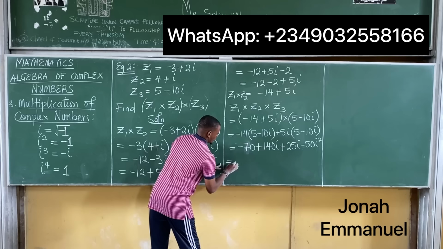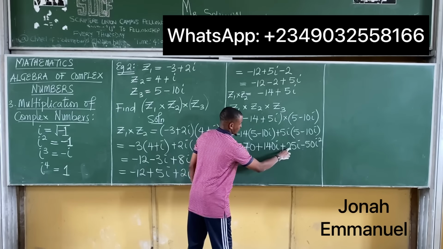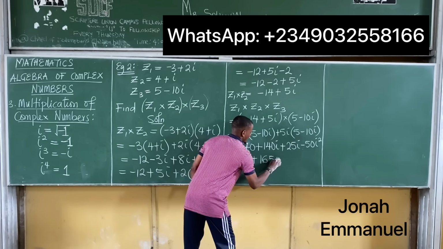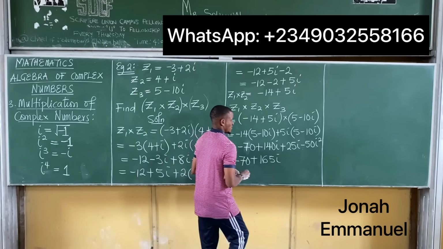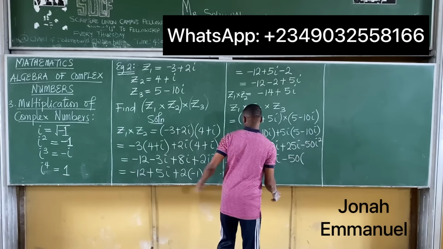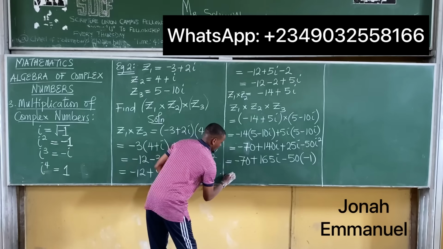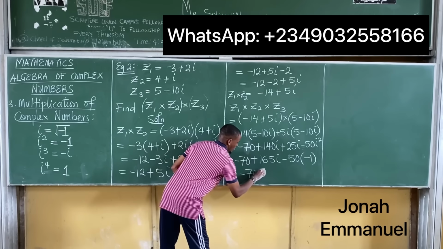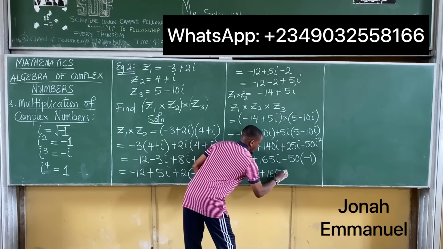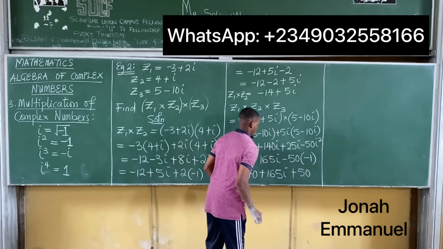So this is equal to minus 70, 140i plus 25i is plus 165i, minus 50 times i squared. We said i squared is minus 1. So this is equal to minus 70 plus 165i, minus minus is plus, I have 50.